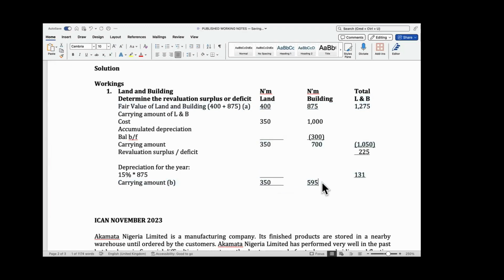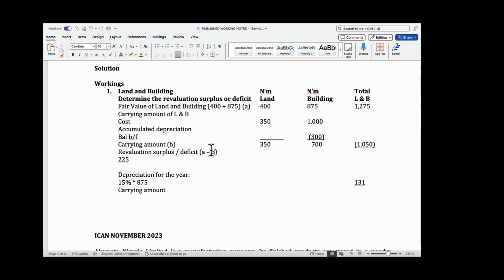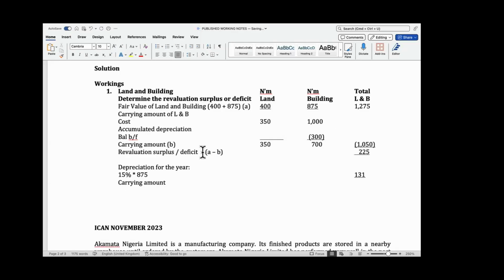So if this is A, what's my carrying amount? If you put B here, so that when you are revising, you can trace it. This A minus B, let's say that's your C. So my revaluation surplus is just this minus B.